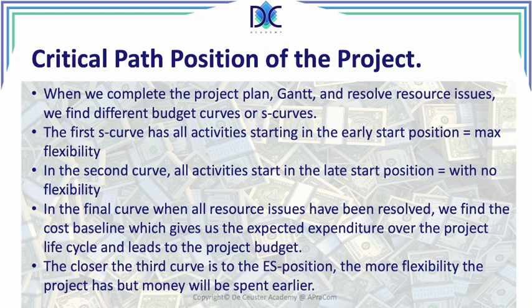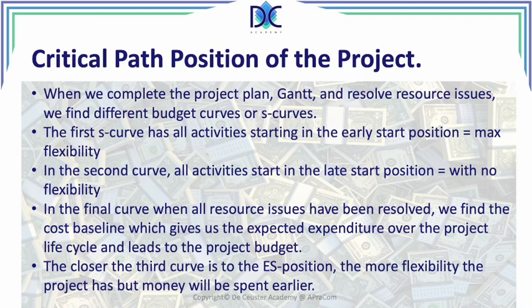In case there are changes, the activities that already have been completed may have an issue with the changes we want to implement, and we may have to redo them. So it's very important to find the best way to plan the project, and that all leads to the cost baseline and the critical path position of the project. And as a project manager, you want to know that critical path position because you want to know how much flexibility you have available on your project.